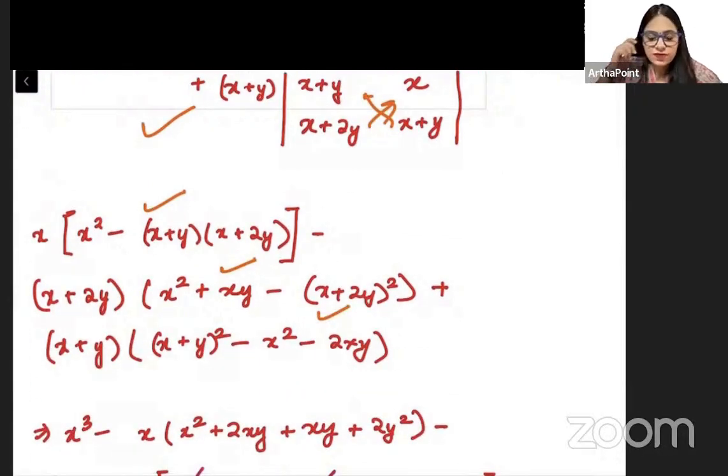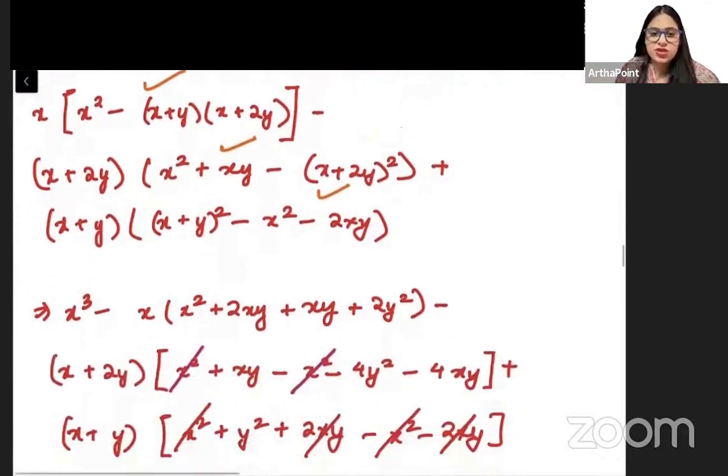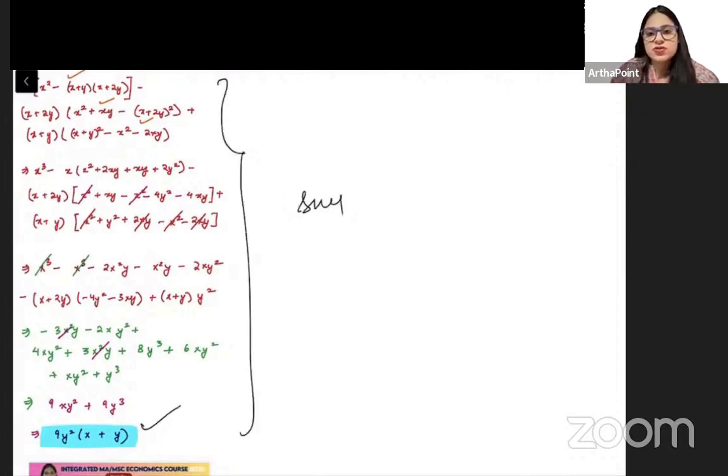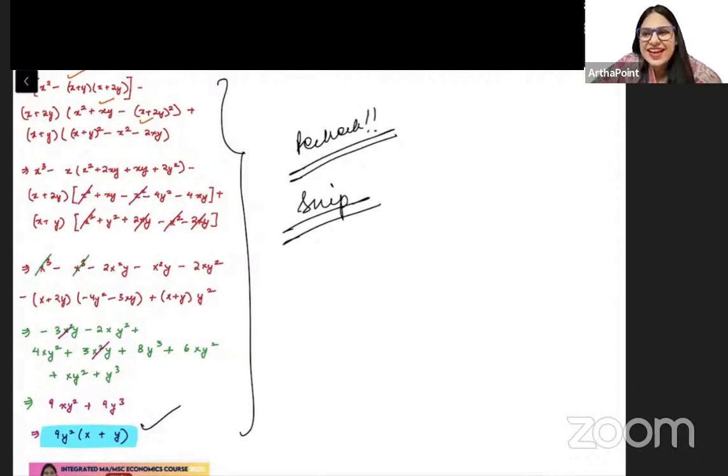So when I tried to find the determinant of this matrix, I will just show you. The determinant is coming out as 9y square x plus y. Please take a snip of this, right? To recheck your answer. So the determinant is coming out as 9y square into x plus y. So very simple question. It was just asking you to find the determinant of the matrix.